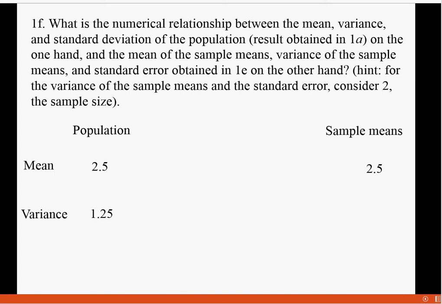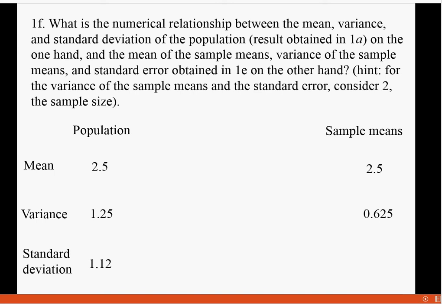And the variance of the sample means is 0.625. Then we also calculated the population standard deviation, which is the square root of 1.25, 1.12. We also calculated the standard error of the sample means, which is the standard deviation of the sample means.